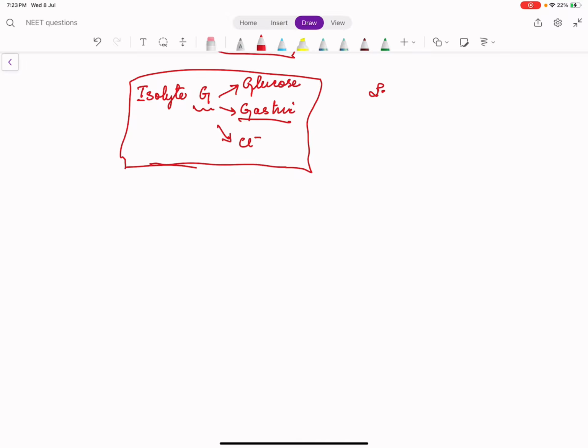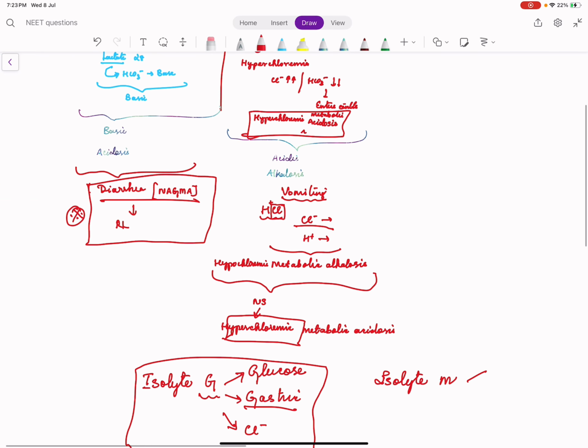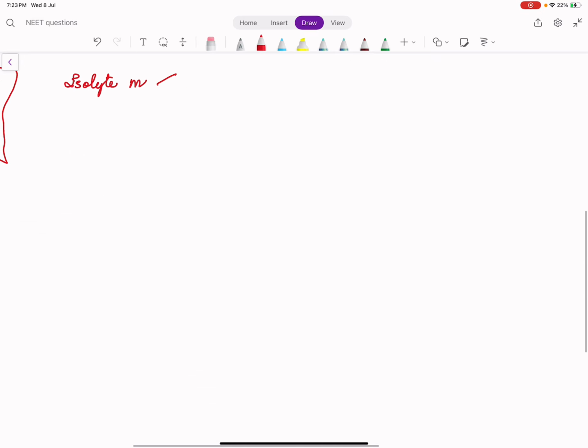Now coming to Isolyte M. M is called maintenance fluid. We already discussed NS, normal saline, contains only 154 milliequivalents of sodium and 154 milliequivalents of chloride, whereas Ringer lactate contains sodium, potassium, chloride, calcium and lactate.